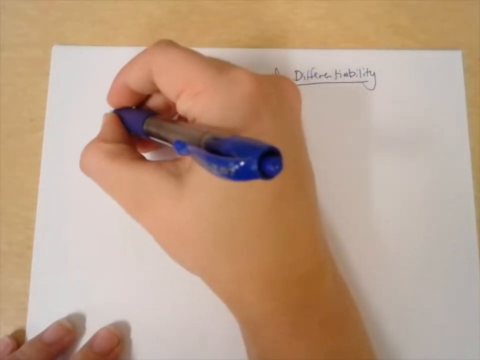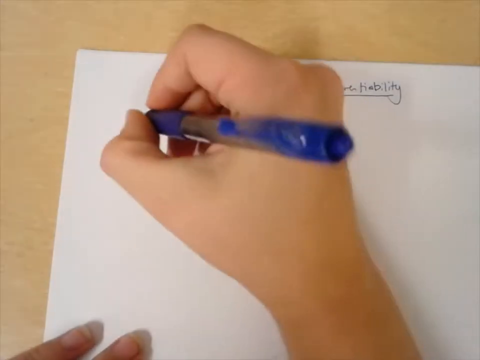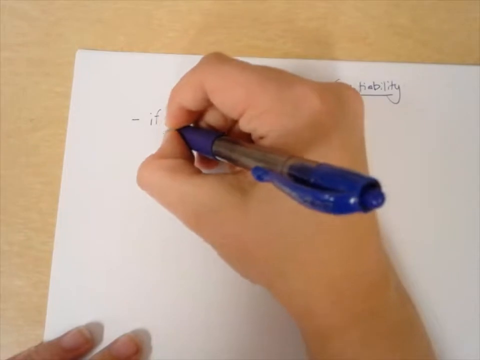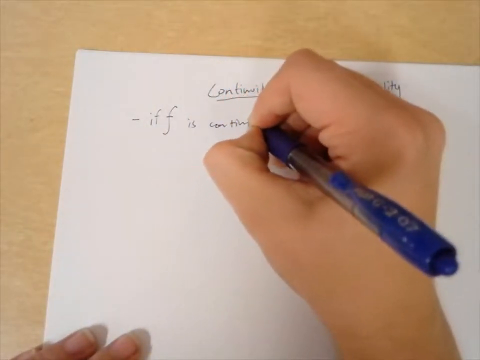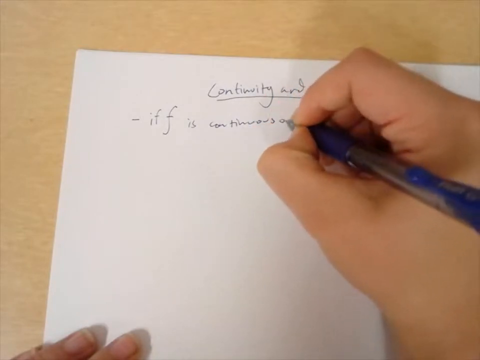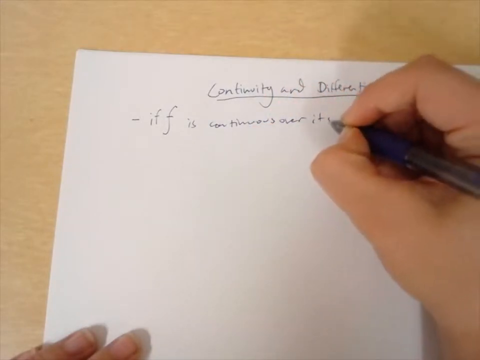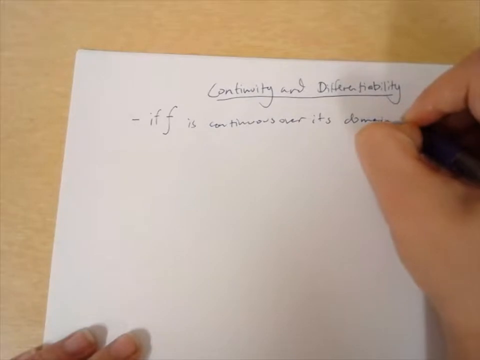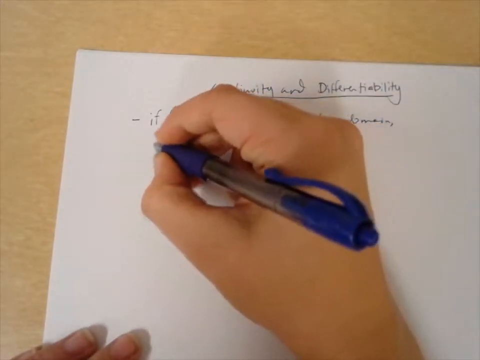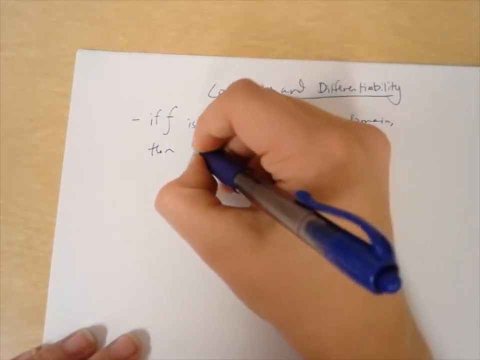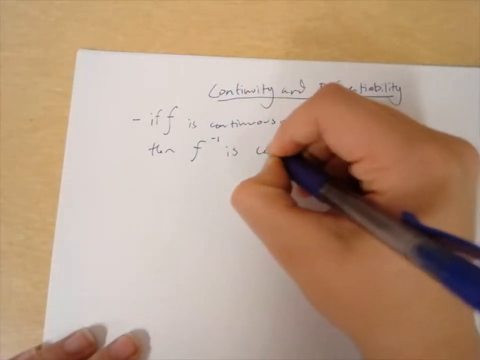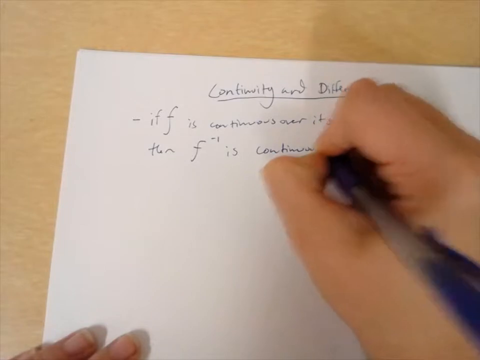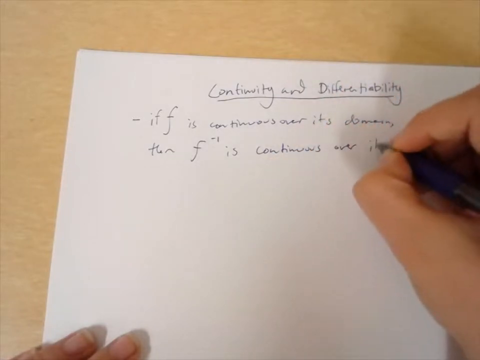So, just a few math speak things for you. If f is continuous over its domain, then f to the negative 1, its inverse, is also continuous over its domain.